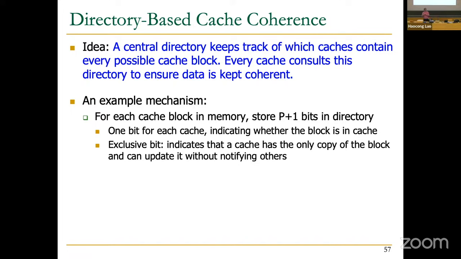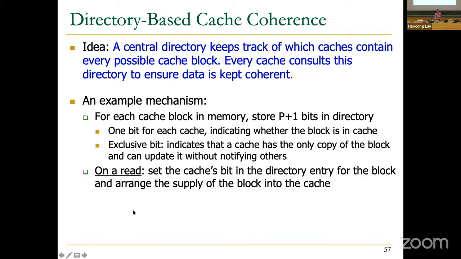This directory can grant permission to a cache that requested to update a cache block, saying that, okay, you have the cache block, you can update it until I take away your permission. And you don't need to notify me while you're updating this, because I guarantee that no other cache has this block. So you can do a lot of interesting optimizations with directories.